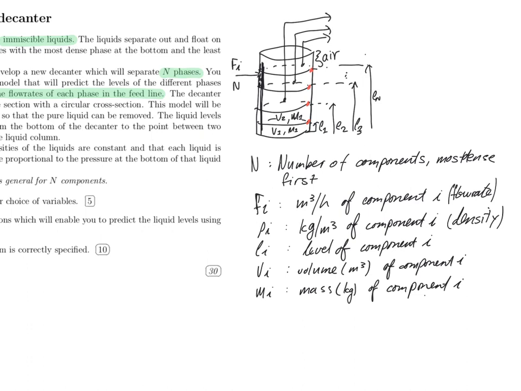Now I'm going to introduce a different symbol over here, saying something like Hi. Right, so Hi is the height of the ith component fraction.